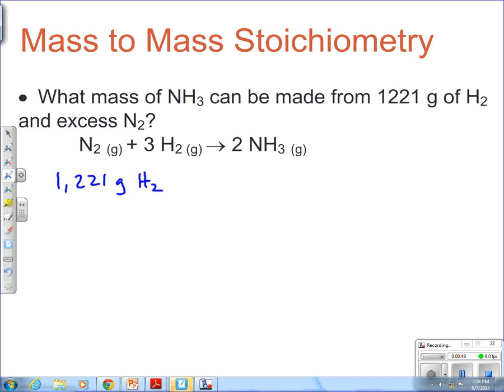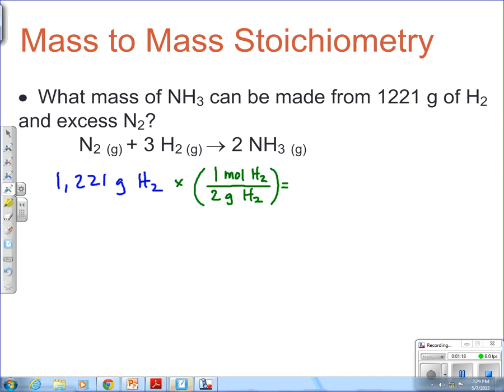Now we know that when we do stoichiometry, we use mole ratios. But we have to get moles first so that we can then use that mole ratio. So your first step is converting grams to moles. What I'm going to do is convert these grams of hydrogen into moles. And I know that for every 1 mole of hydrogen, which is H2, I have 2 grams of hydrogen.